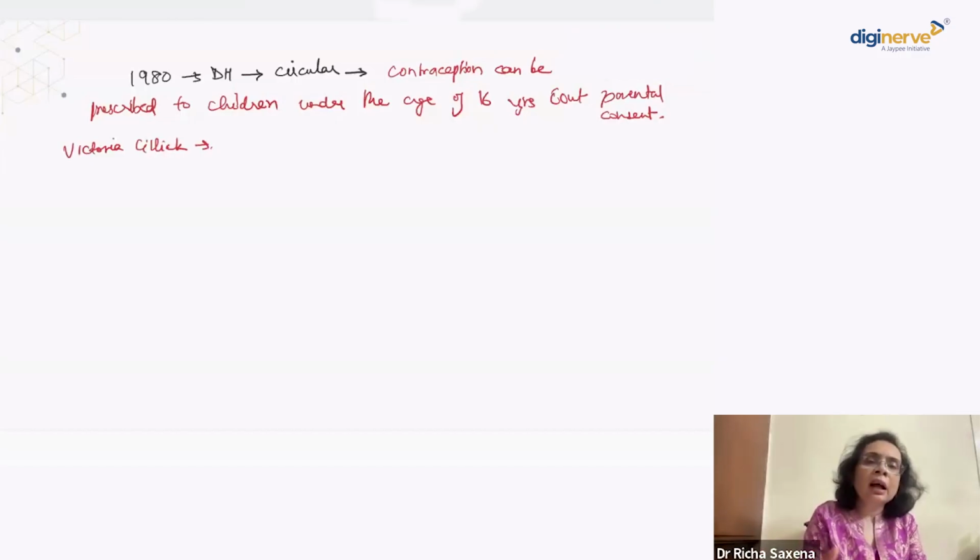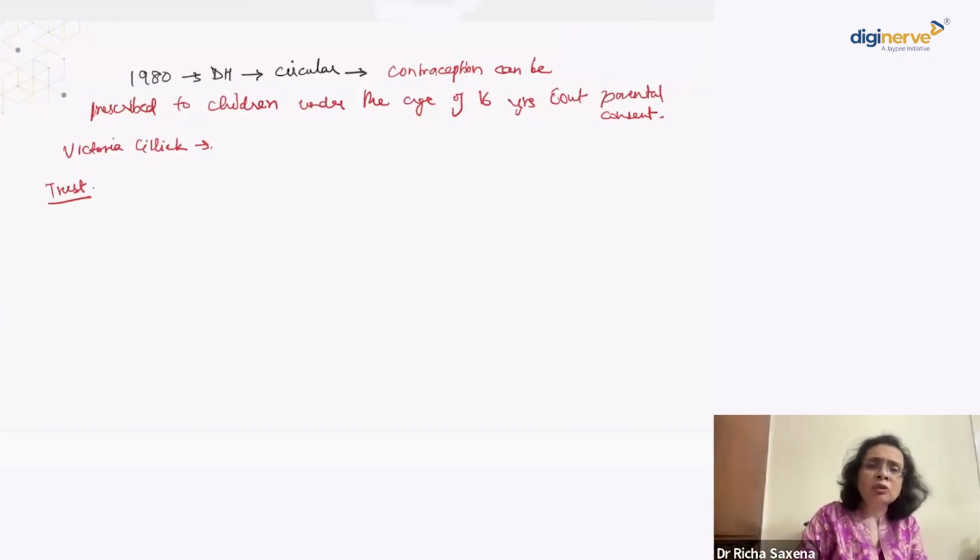In the UK, each area will have a trust. So she connected with her trust and asked them to give her an assurance that the trust hospitals would not prescribe contraception to her children without her consent. And the trust refused to do that.